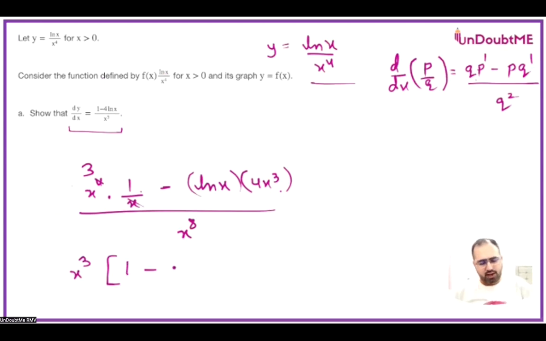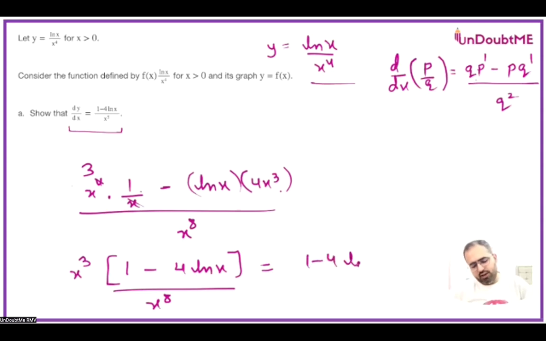It will be 1 minus 4 ln x over x to the power 8. Powers 3 and 8 will be simplified and we get the form they have asked for. So this is the first answer. Raghav, I hope you also have got the same. Yeah.